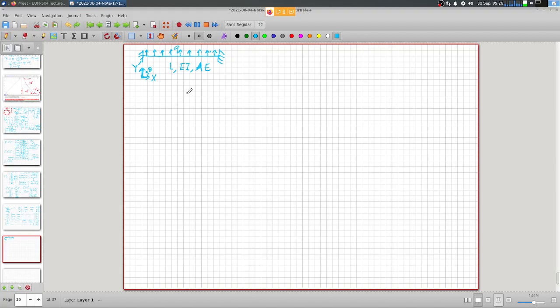Now, obviously, all of you know that we have derived this Euler-Bernoulli beam for uniform distribution for whatever length and EI. If this is node I, this is node J, then there are Vi and theta I, Vj and theta j.